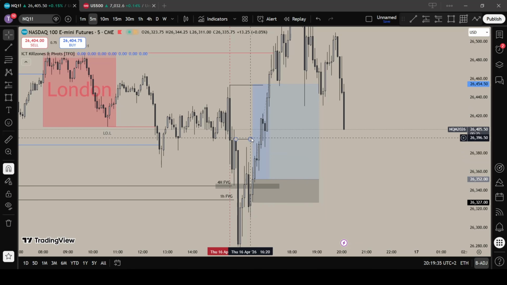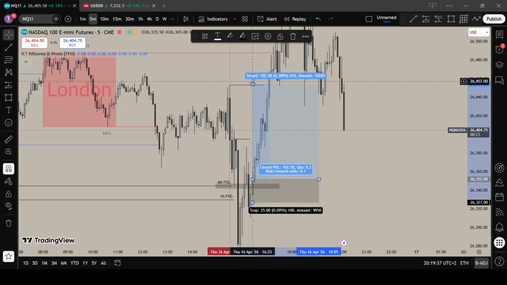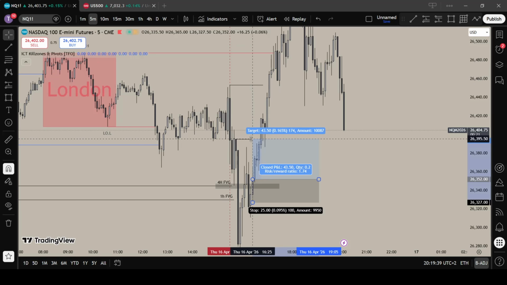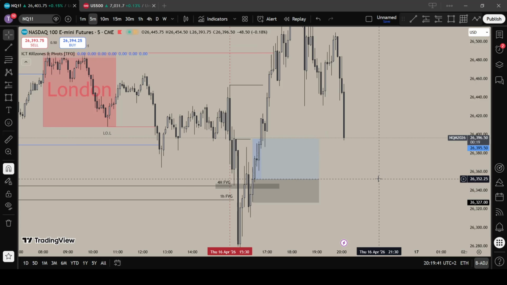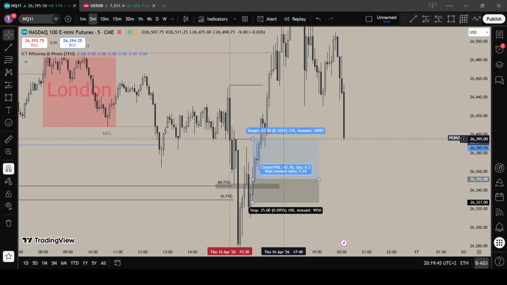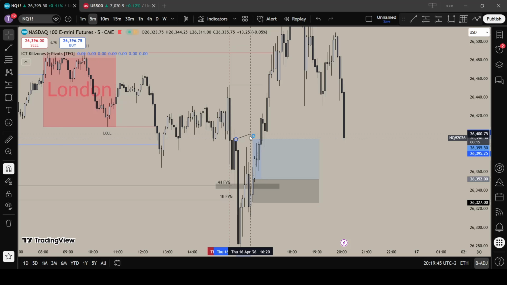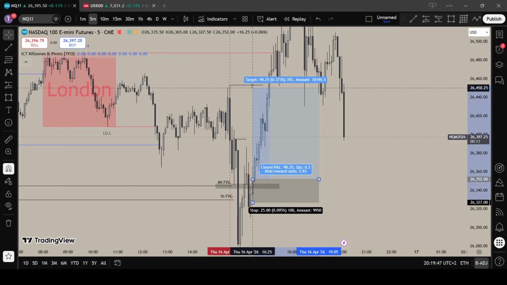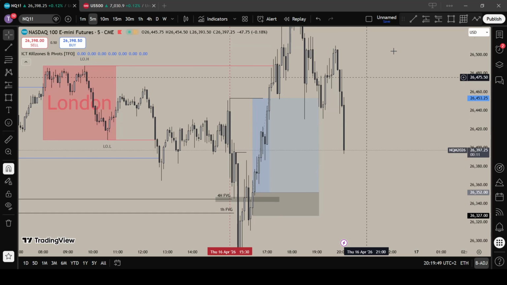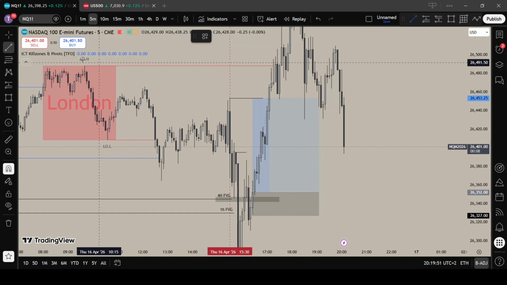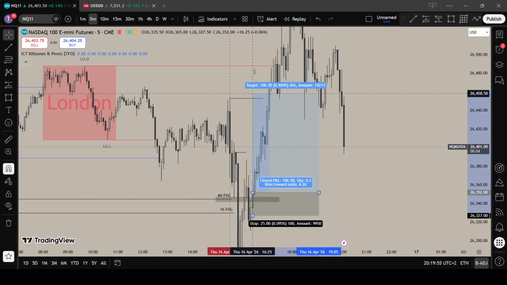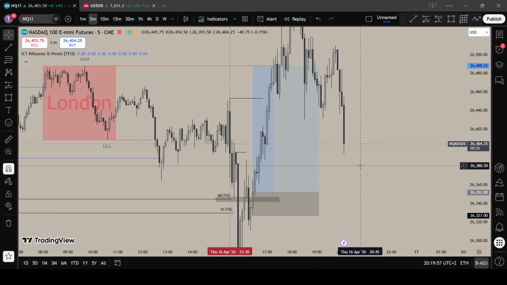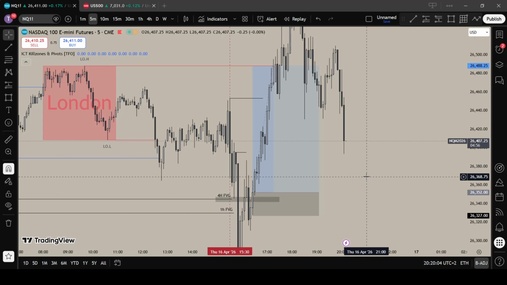After this 1-to-1, or 1-to-7, we can close half of our position and leave a runner to this 9:30 open, or even, if you're comfortable enough, we can leave another runner all the way up to London highs. In this highly bullish market, that is pretty possible.